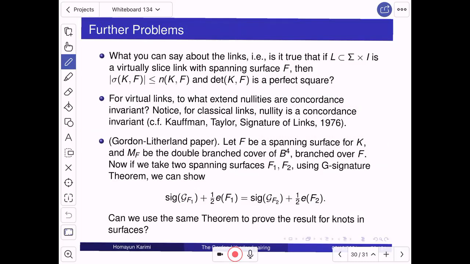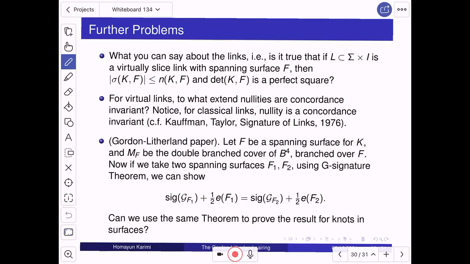So can you say something about links, i.e., is it true that if you start with the link L, which is virtually slice, can you prove that the signature is bounded by nullity and the determinant is a perfect square? So we had this theorem for knots. Can you generalize it for links?